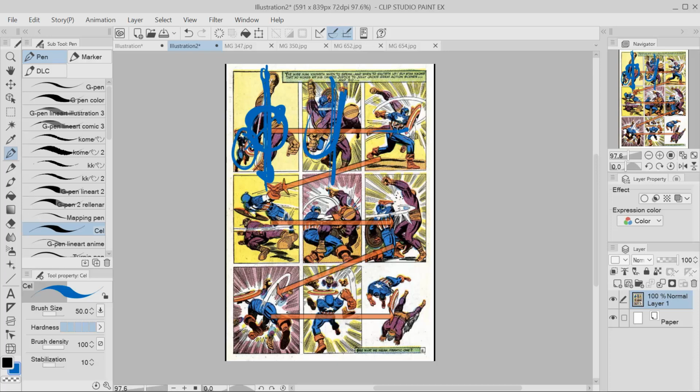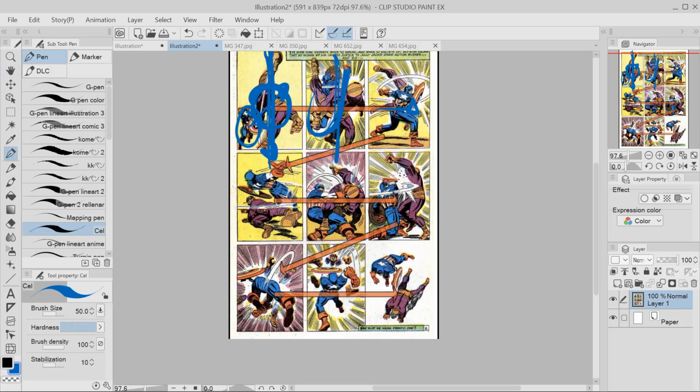Then you see more left to right, and you see how they use the fact that the villain is now in the background to do like this kick that moves left to right, despite the villain being still positioned in the right. And you keep seeing like left to right, left to right.